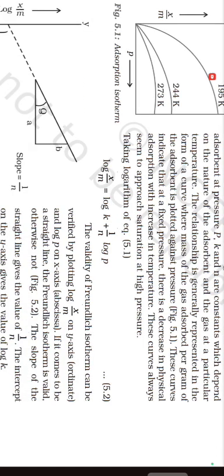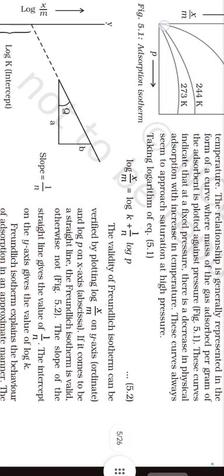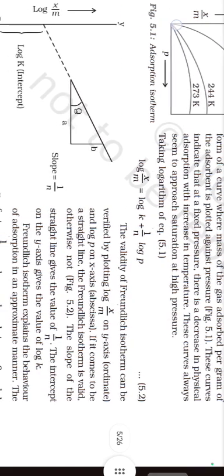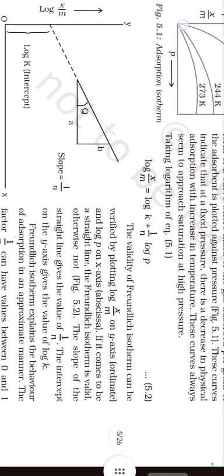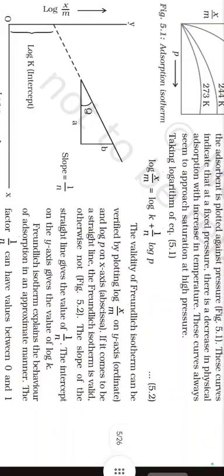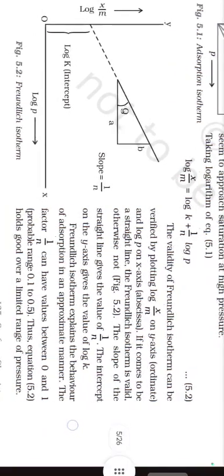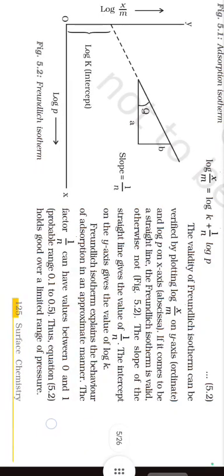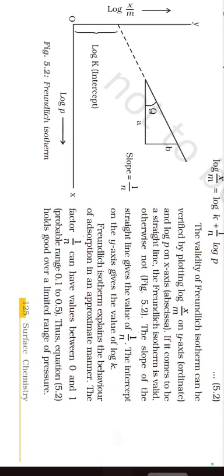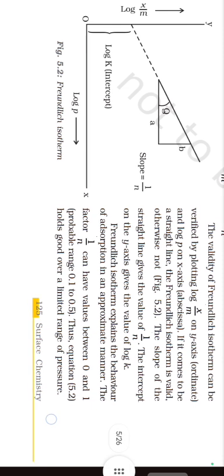Taking logarithm of equation 5.1, log(x/m) = log k + (1/n) log P. Equation 5.2. The validity of Freundlich isotherm can be verified by plotting log(x/m) on the y-axis, ordinate, and log P on the x-axis, abscissa.